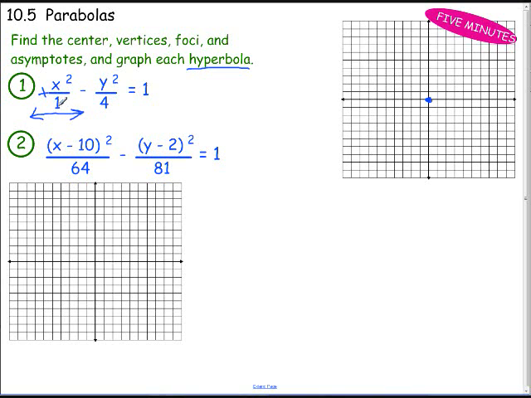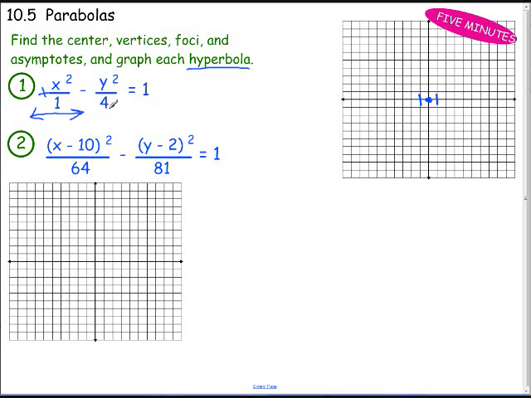Now, what do we know about the transverse? We know that a squared equals 1, so a equals 1. That means that the vertex of each branch is only one away, horizontally, from the center.